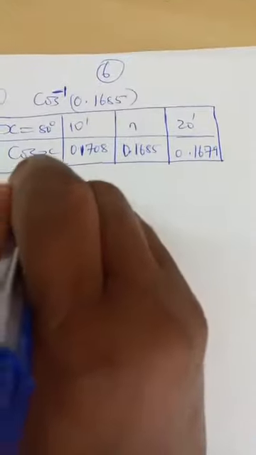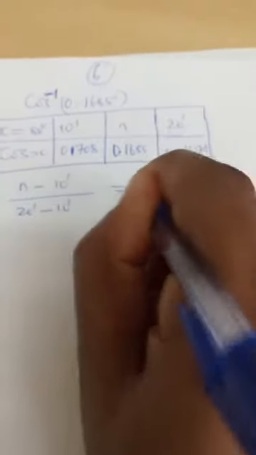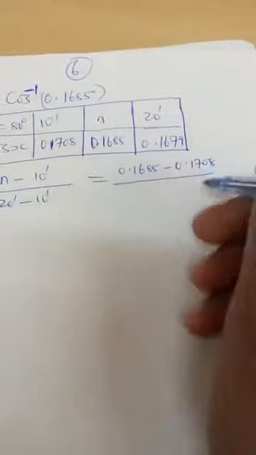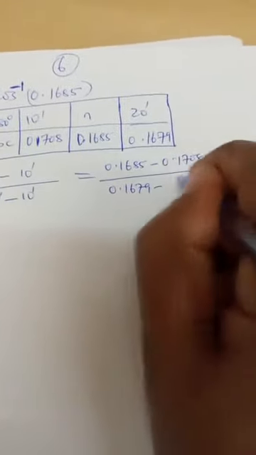I can say that n minus 10 out of 20 minus 10 should be equal to 0.1685 minus 0.1708 out of 0.1679 minus 0.1708.